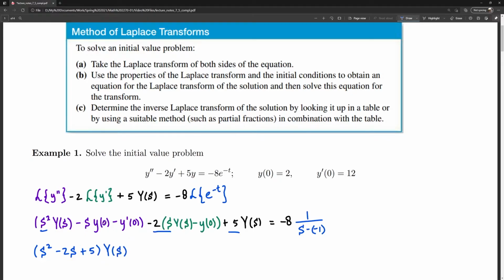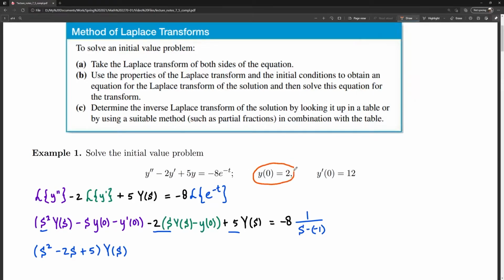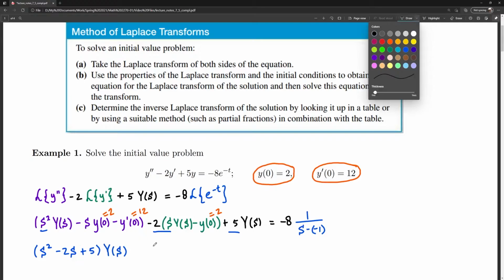Now, then we want to do something with the initial conditions. When we look at the initial conditions right here, we have y at 0 equals 2 and y prime at 0 equals 12. So here for y of 0, I can put in 2, and for y prime, I can substitute 12. And so I substitute 2 here as well. And then I use that to write down the rest of my equation.